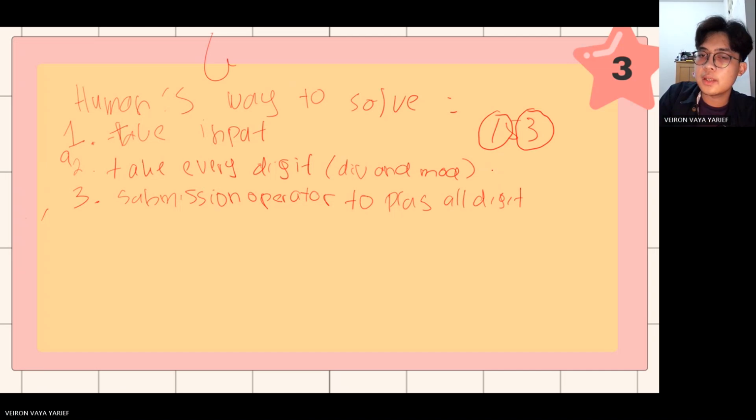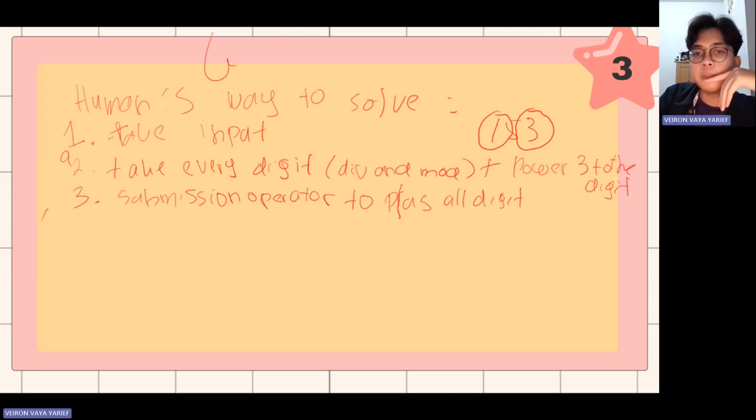No. We need to take the cubes of them, power each by 3. So step 2 is to power the digit by 3, and after that you do the summation operator to add all the digits after taking the power of 3.